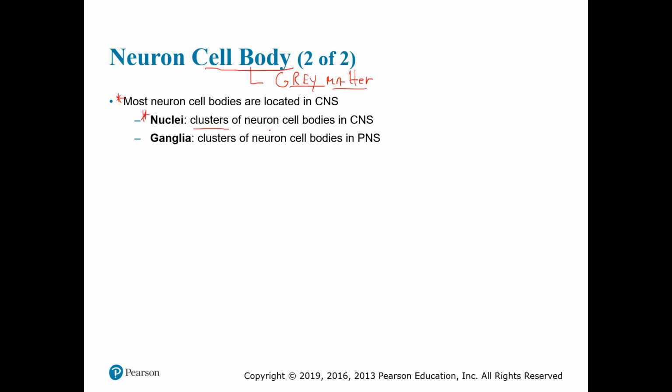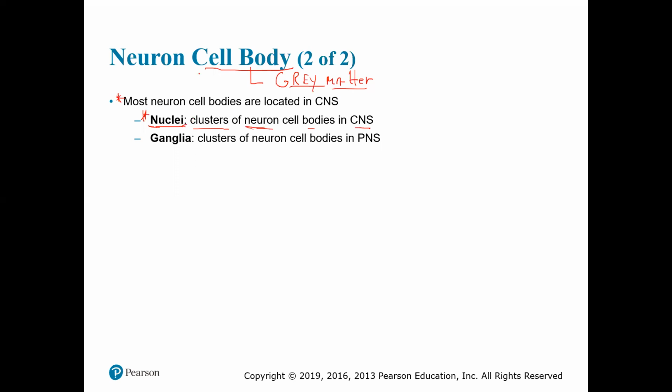Clusters of neuron cell bodies in the central nervous system are called nuclei. Nuclei is plural for nucleus. I'm not talking about a cell nucleus. I'm talking that clusters of cell bodies are called nuclei.